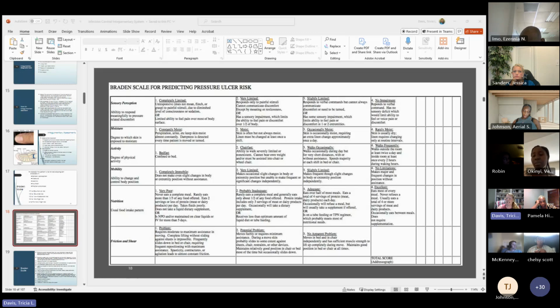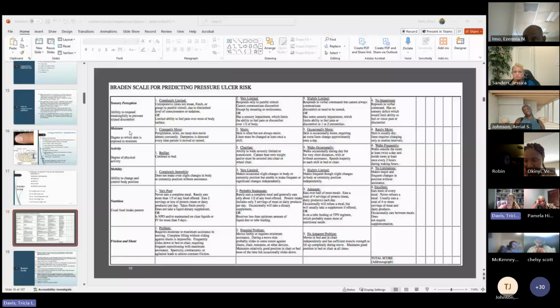And then completely limited is they're completely unresponsive. They do not moan, flinch, or grasp to painful stimuli due to diminished level of consciousness, or maybe they're sedated, or they have a limited ability to feel pain over most of the body's surface. So if you're really unsure which one it is, you just go back and read these individually, and that tells you exactly where your patient can be, and then you can assign the appropriate number.